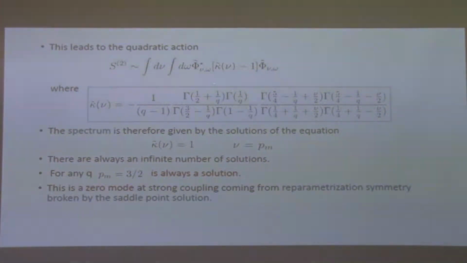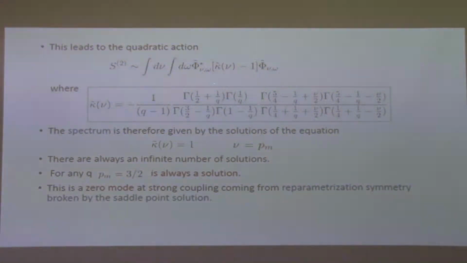That function is horrible. It's some ratios of gamma functions which I have written down there. And the spectrum is given by taking this equation and setting it to 1, which gives a highly non-trivial transcendental equation for nu. So I'll call the solutions of the transcendental equation nu equal to n.